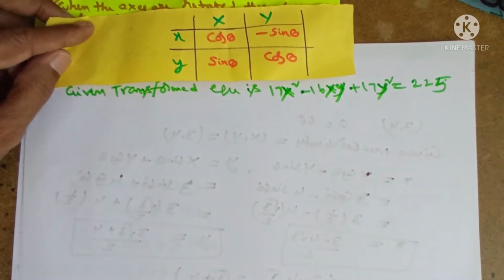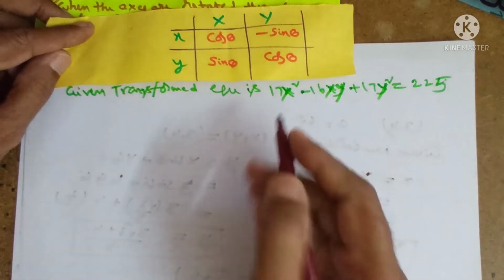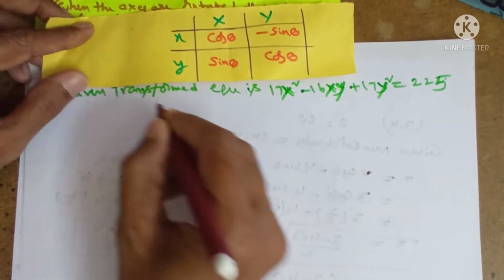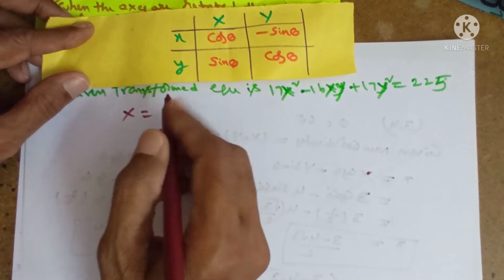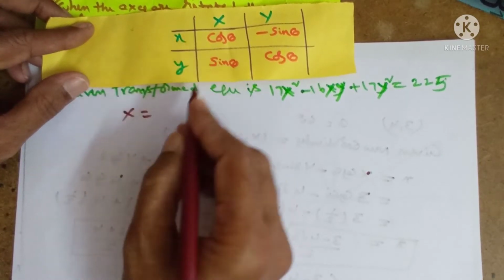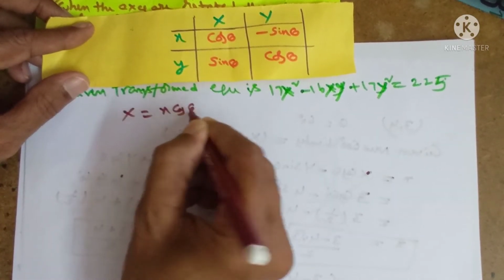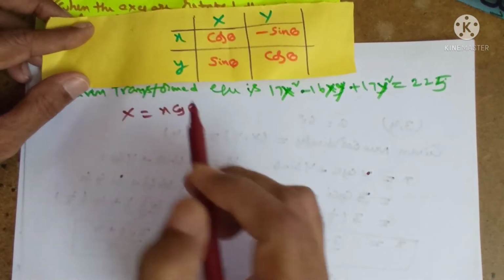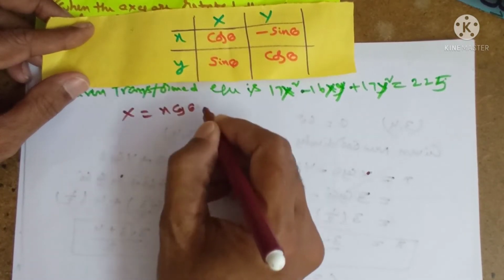From this, capital X is equal to, what is capital X? Small x into cos, plus y into sin.